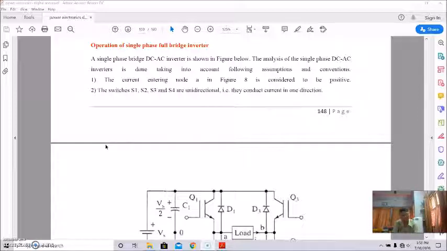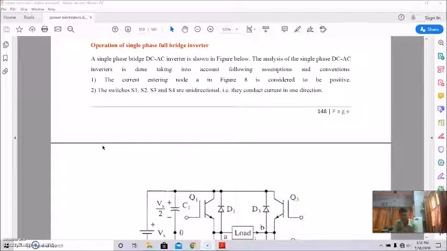Among these devices, only one pair of devices conducts simultaneously. When switches S1 and S2 are on, the output voltage across the load is positive, and similarly when switches S3 and S4 are on, the output voltage across the load is negative.